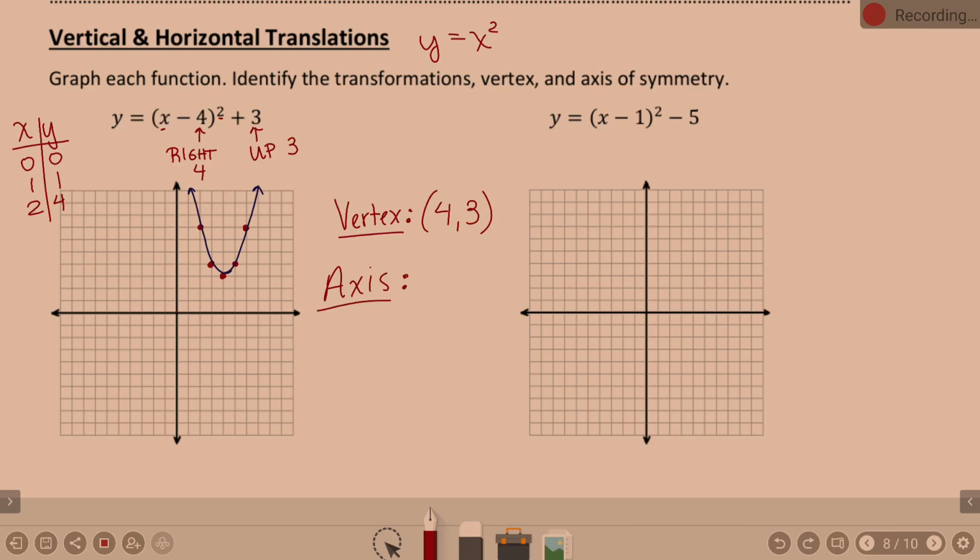What about your axis of symmetry? X equals 4. Yeah, if my vertex is 4, 3, then my axis, same connection exists, we can say x equals 4. Again, not a coincidence. You're always going to be able to use that first x value.